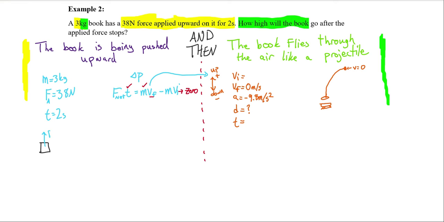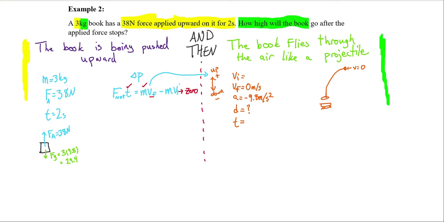So there's an upward applied force of 38 newtons. But this is still on the Earth, so there's going to be some gravity. And that gravity we'll be able to calculate with 3, the mass, times 9.8, and that's going to be 29.4.